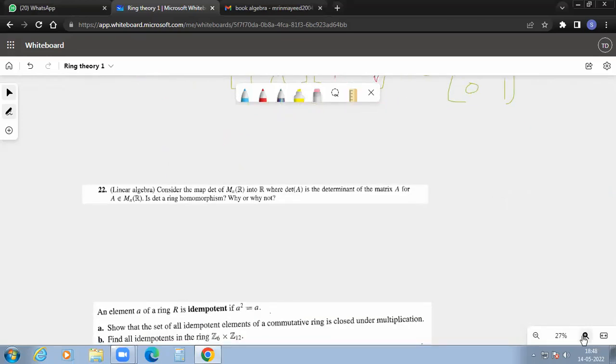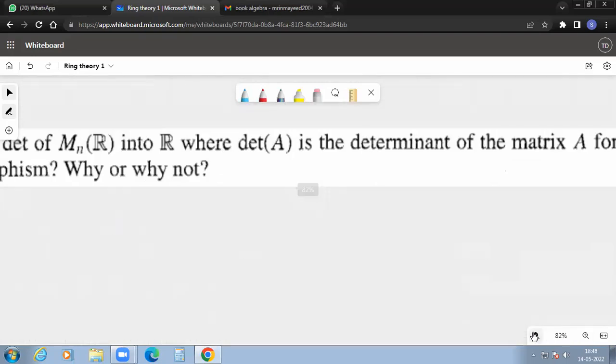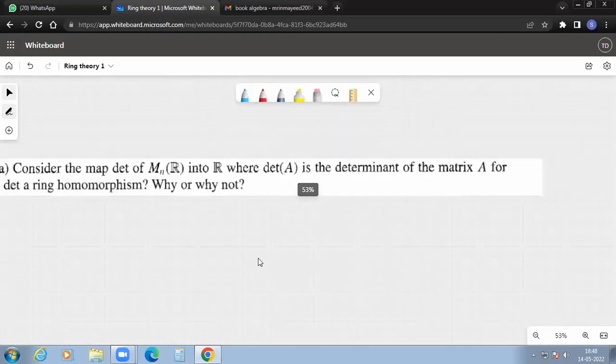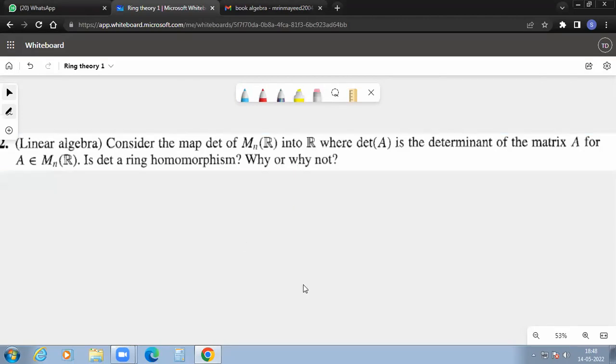And my next question is, consider the map determinant from Mn of R into R, where determinant of A is the determinant of matrix A for A belonging to Mn of R. Is determinant a ring homomorphism? Why or why not?